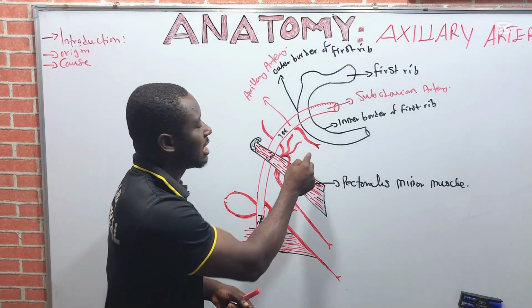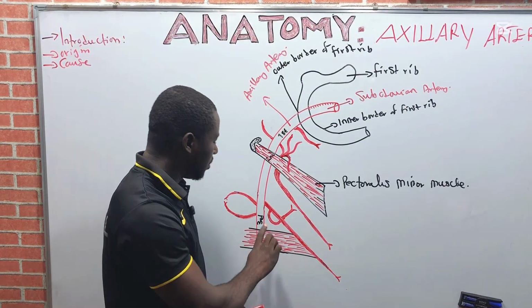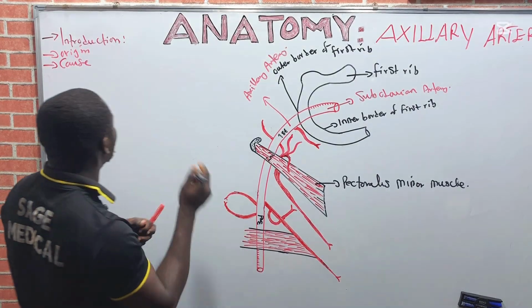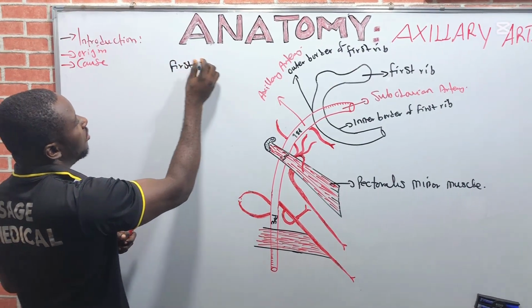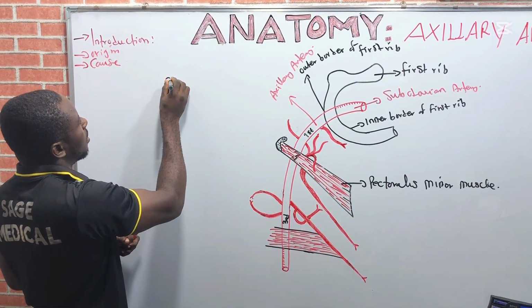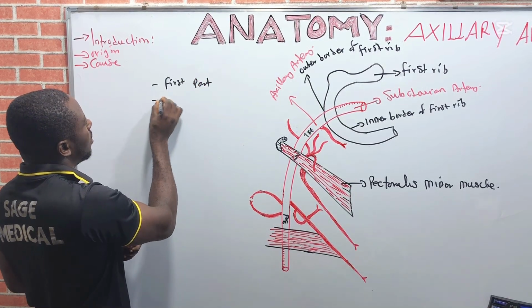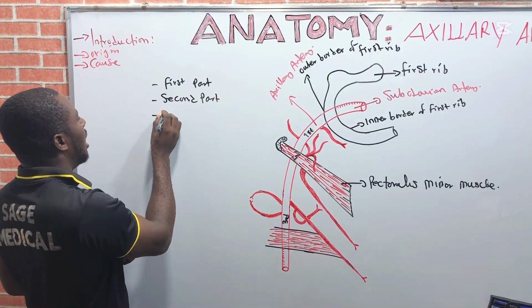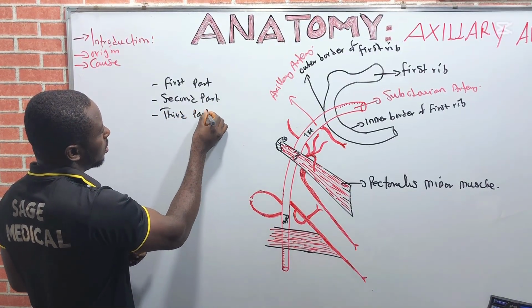The first part has a single branch. The second part has a double branch. The third part has 3 branches. So, the first part, the second part, and the third part.